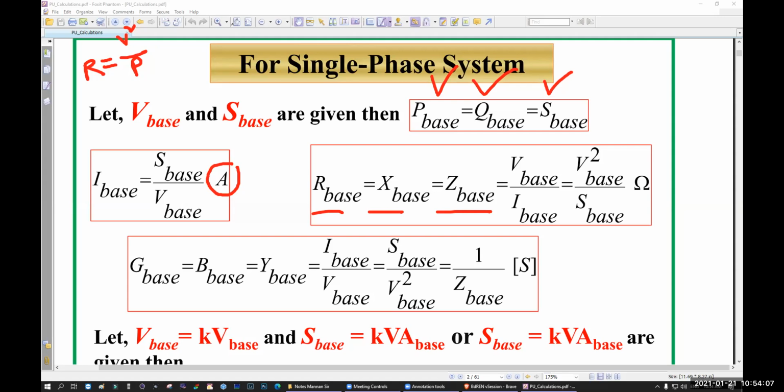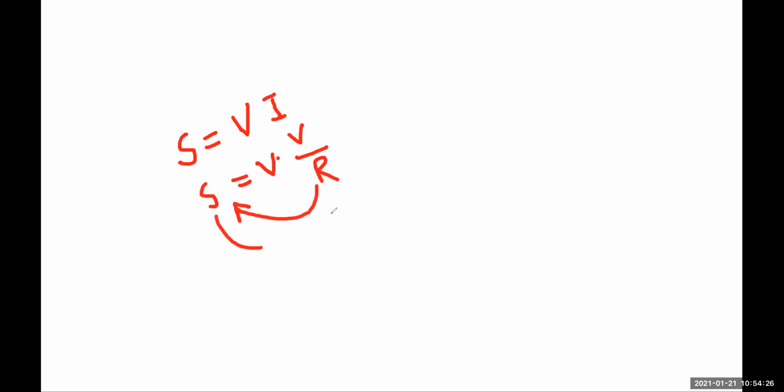Do you know it? Okay, you do not know. See, your S is equal to VI. What about your I? I is equal to V divided by R. So take the R here and take the S here.